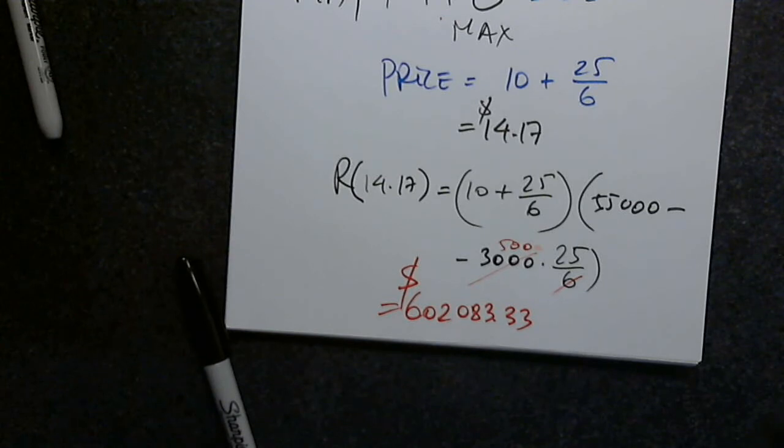They will not get a full stadium, 55,000, but they will definitely obtain the maximum possible profit they can get, which is 602,083.33. We're not asked to determine that. We're only asked to determine what would be the price for a maximum revenue. Interesting.